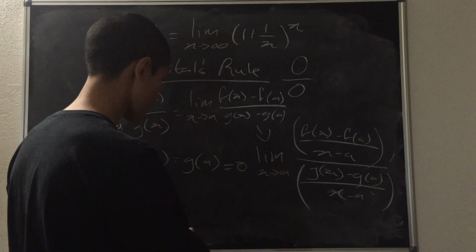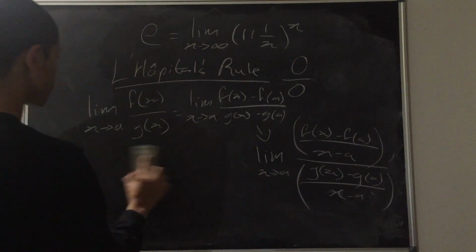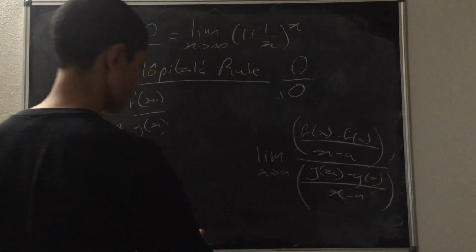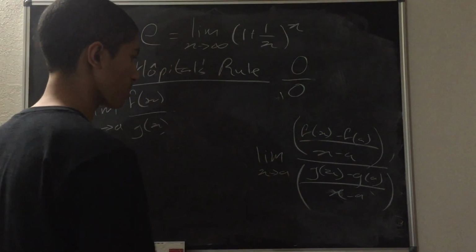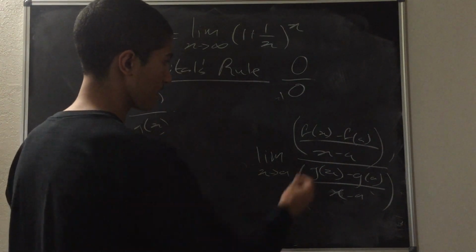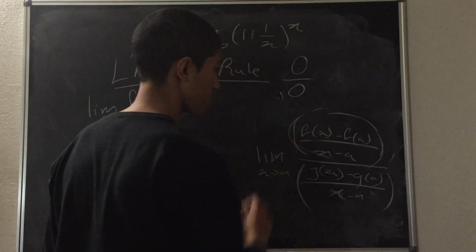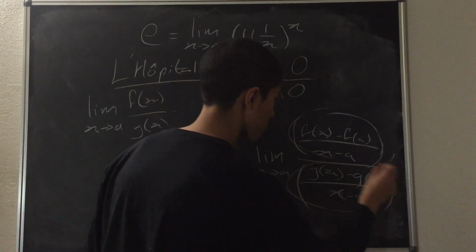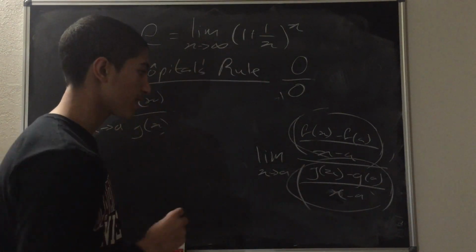We could plug this back in, and say that the limit of x tending to a of the numerator is going to be f prime of x, and the denominator is going to be g prime of x.